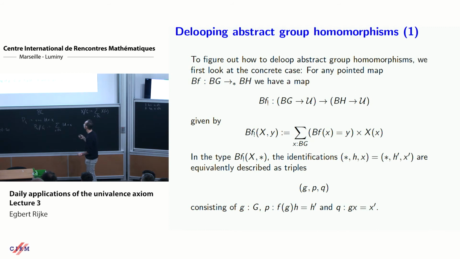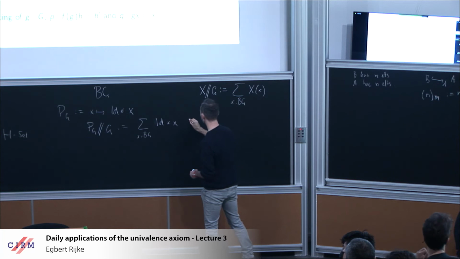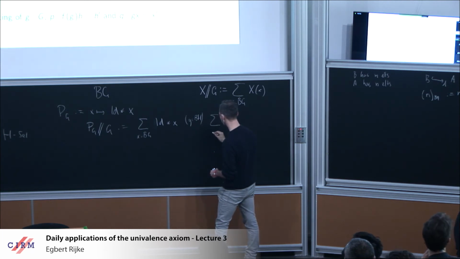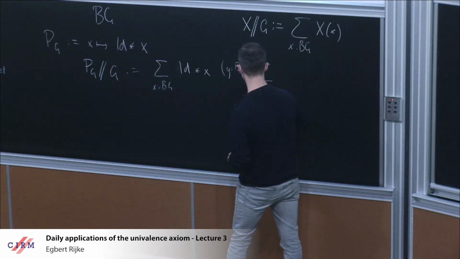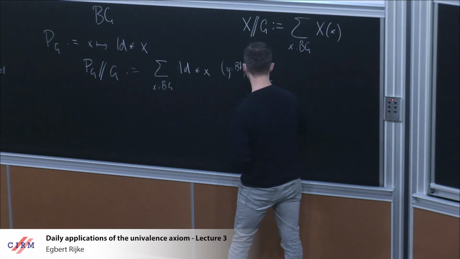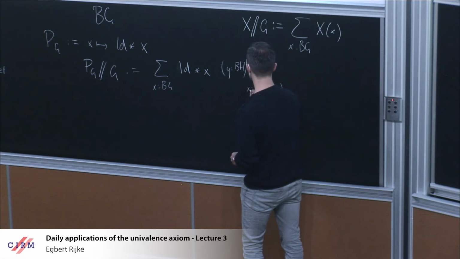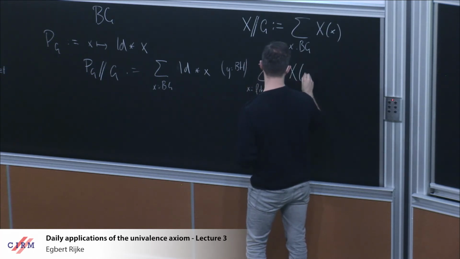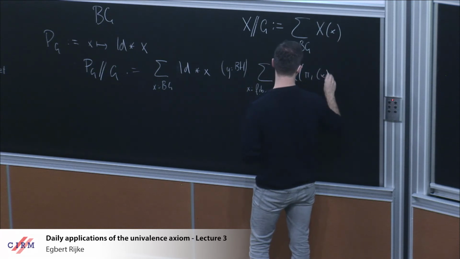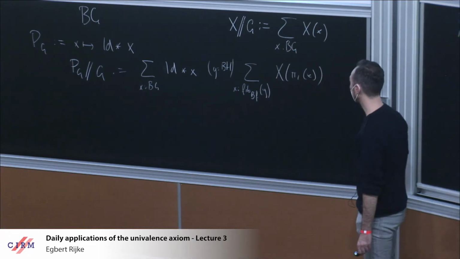If X is a G-set, then for any Y in B of H, that's the assumption, we can look at the fiber of B of F at Y, and then have an X in here, and now look at X of pi 1 of X. That's the only thing that we can do.